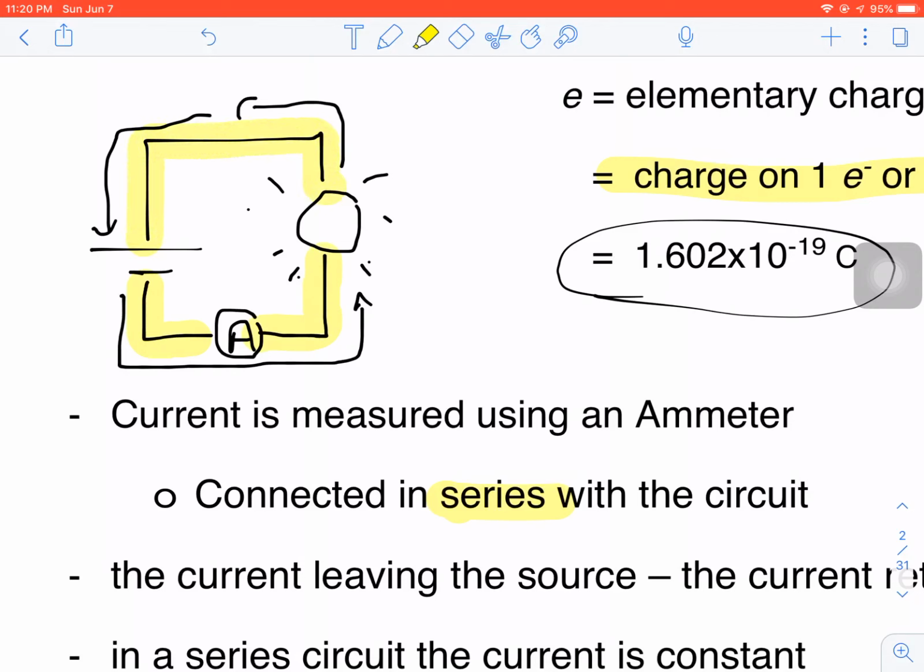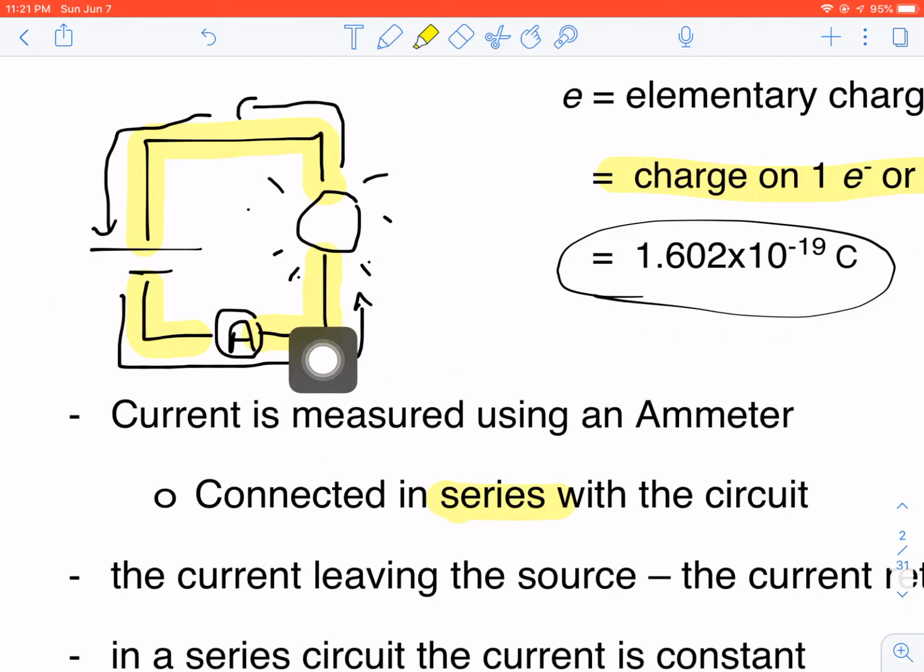If it's turned off, if I take the wire off the battery, all those electrons are still there in the wire. As soon as I connect that wire and push it back onto the battery again, electrons start moving. The way they move is that electrons from this very first part of the battery get pushed into the wire because they're being pushed away from the negative charge present here in the battery.